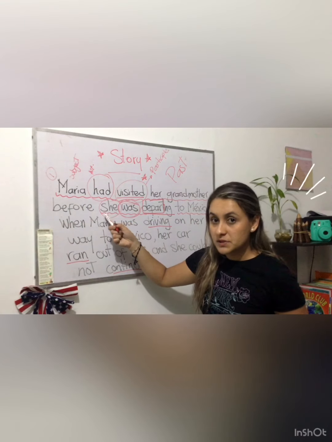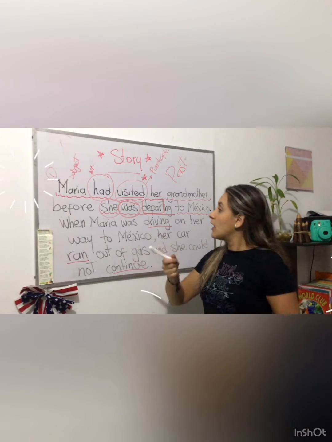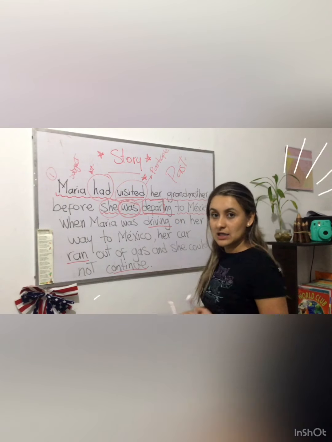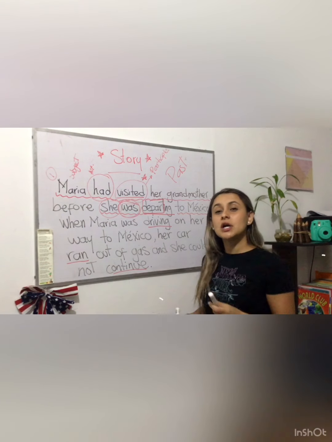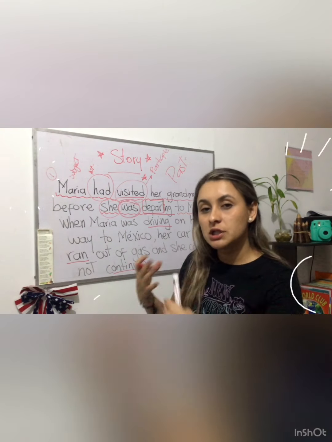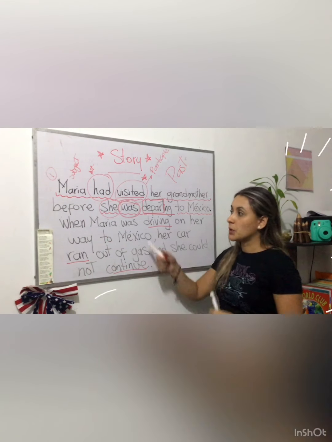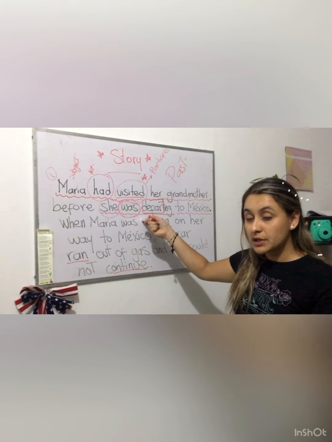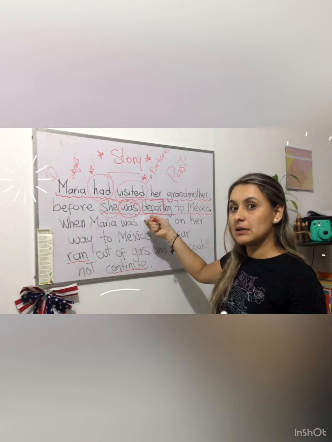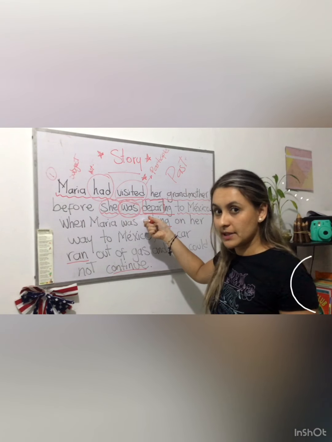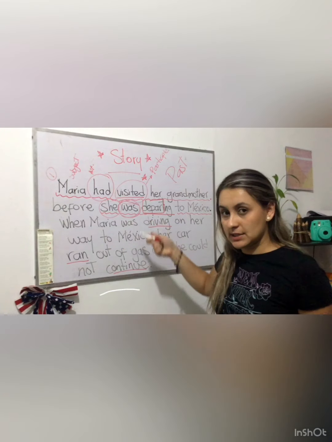Then you have subject, auxiliary was or were, and you have the verb with ing, okay? When we talk about past continuous, cuando hablamos acerca del pasado continuo, es cuando era el pasado y estoy contando algo que hacía en el pasado o que hice en el pasado, ¿ok? Pero eso ya se terminó.